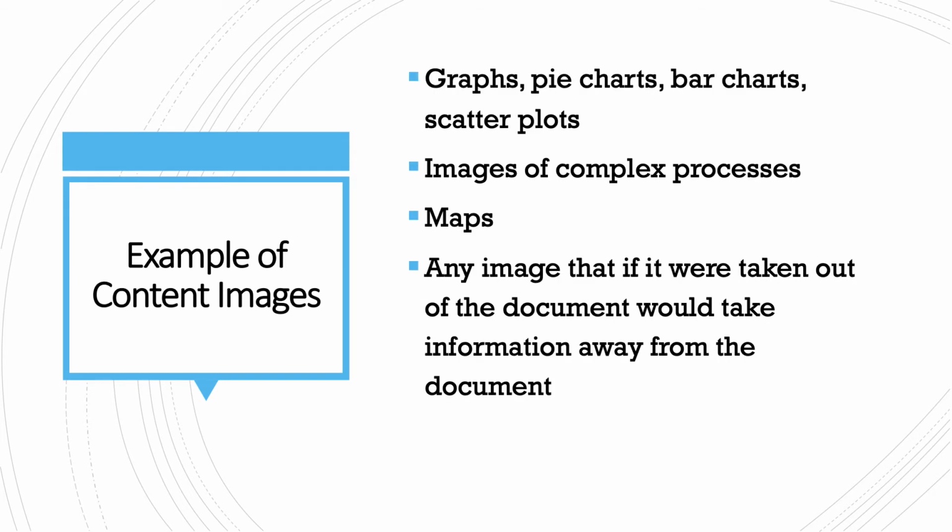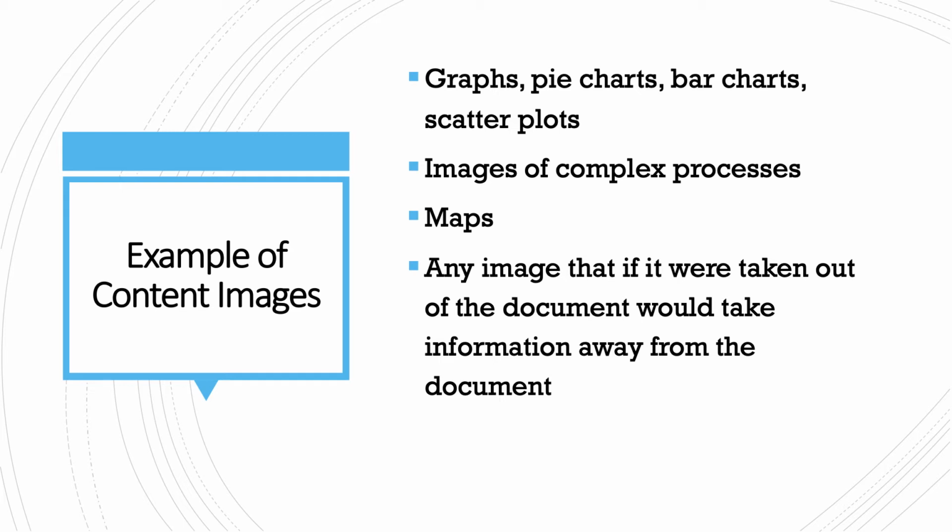The last type of image I want to introduce you to today is the content images or supplemental images. These are the ones that create meaning for us. They do work within our documents. They are more than just supplementing what's already in the text itself or giving examples of what's already in the text. They're creating that meaning for us.